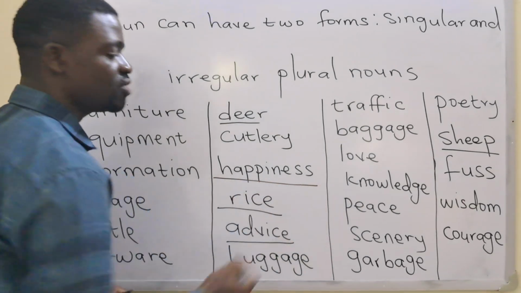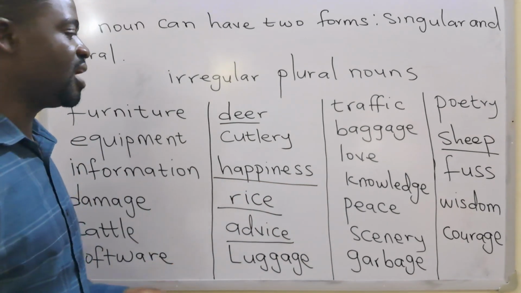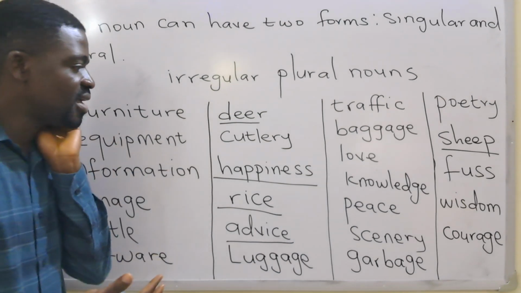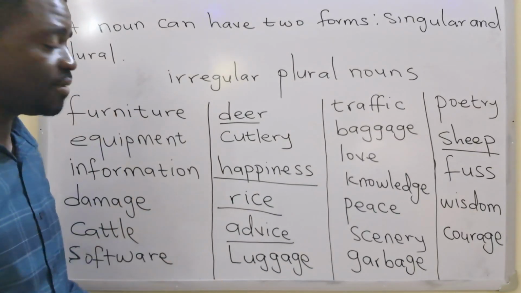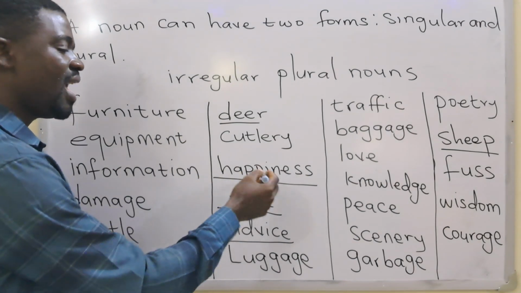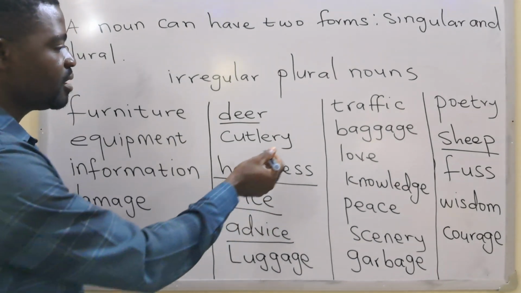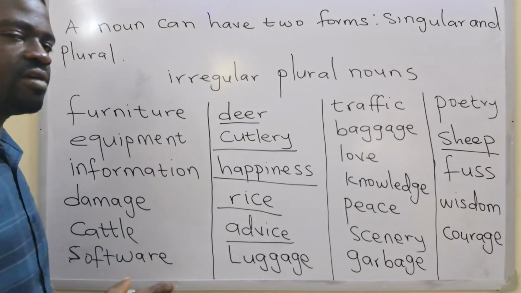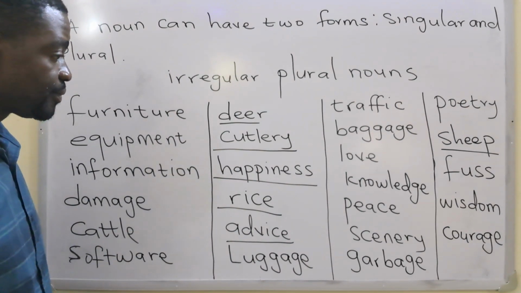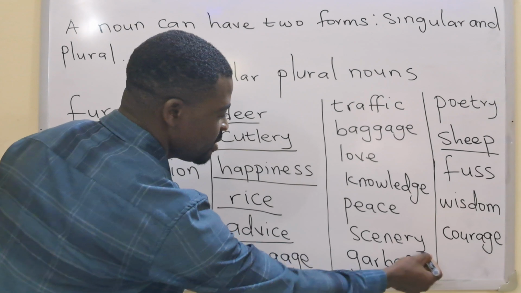Happiness is abstract. It's an abstract noun. We cannot see happiness. We can maybe experience happiness or feel happy. So we cannot have happinesses. Cutlery, you can see cutlery, but you don't have a plural form of cutlery. Scenery.